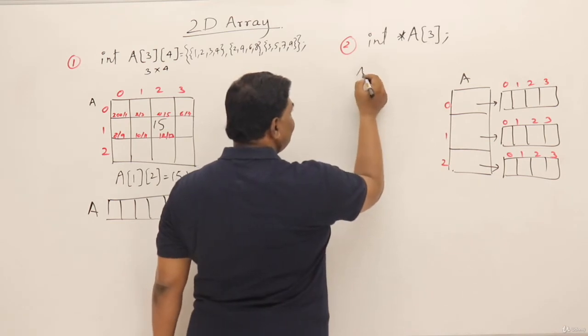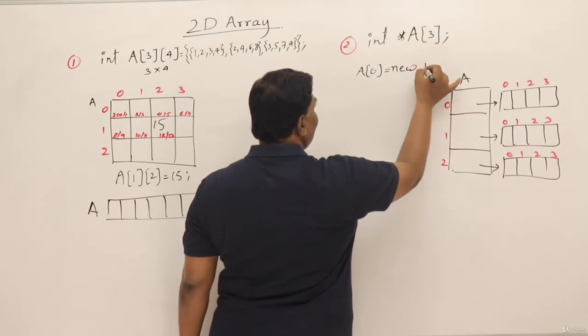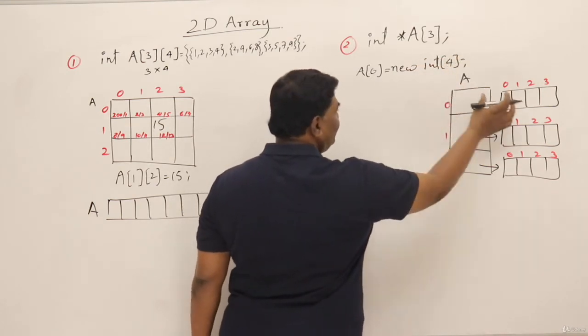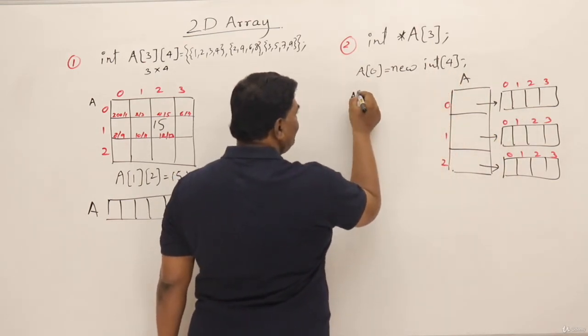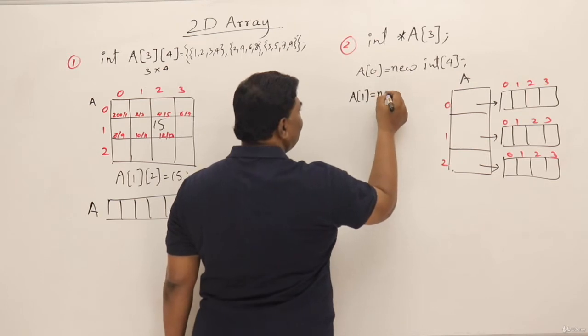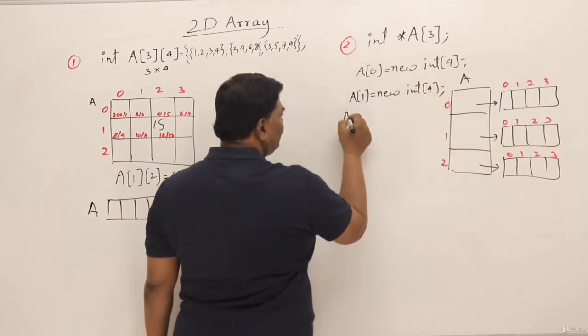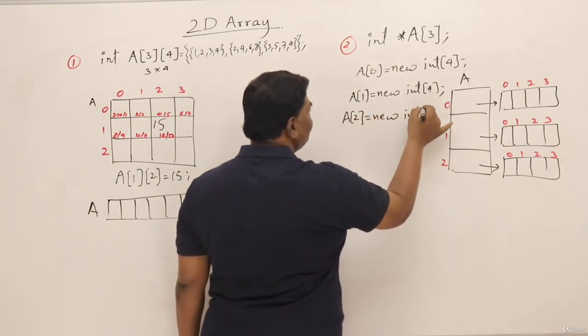In continuation of this, I should say A of 0 assign new int of size 4. So an array of size 4 will be created whose address will be stored in A of 0. Similarly, I should do it for A of 1 assign new int of size 4, and for the next location A of 2 assign new int of size 4.